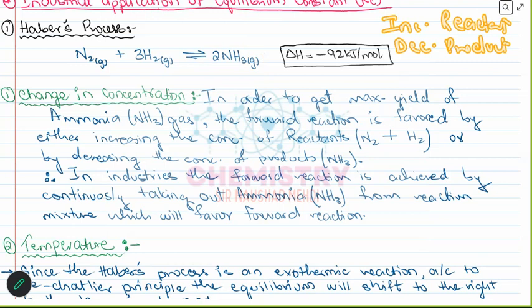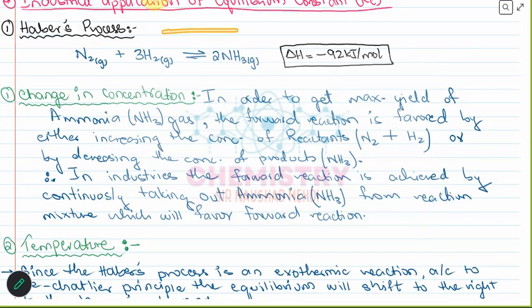These are the two ways which will disturb the equilibrium and will bring this reaction in the forward direction. So in order to get the maximum yield of ammonia gas, the forward reaction is favored either by increasing the concentration of reactants or by decreasing the concentration of product.